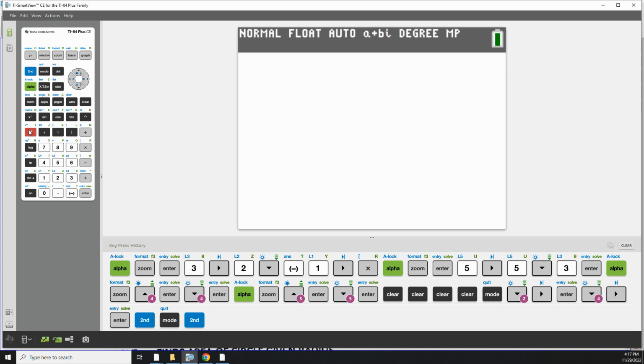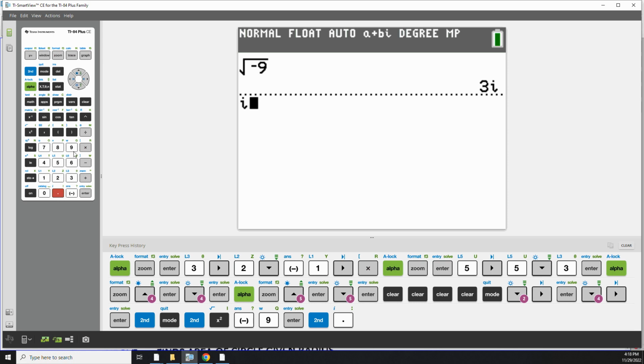Mr. Calculator, what's the square root of -9? Well, now, rather than tell you it doesn't exist, watch what it gives me. It gives me the imaginary number 3i. i is on the calculator. It's second decimal.